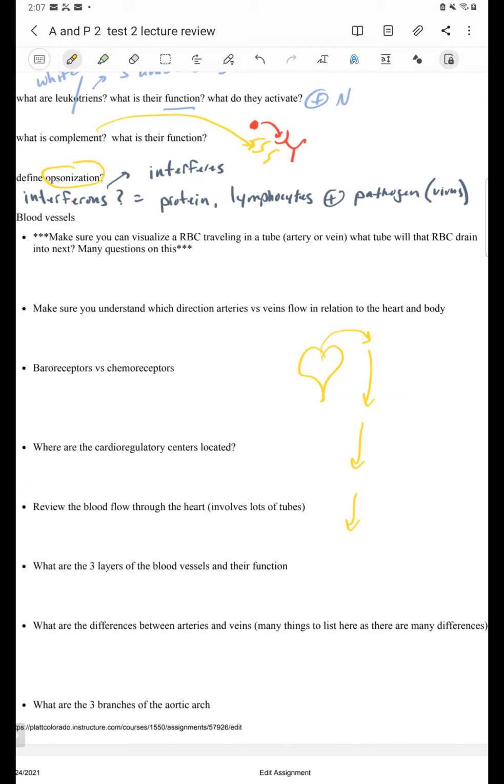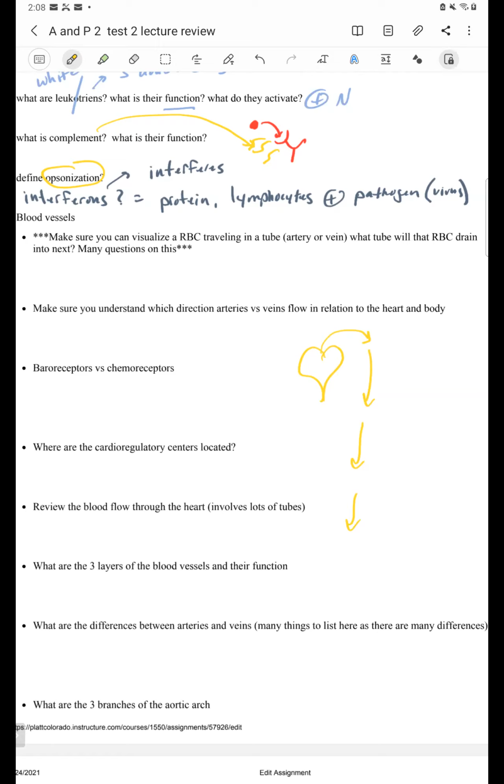Okay, if you're a red blood cell and you're inside the brachial artery, what blood vessel are you going to drain into next? Okay, so the brachial artery is going to give rise to the radial and ulnar artery.